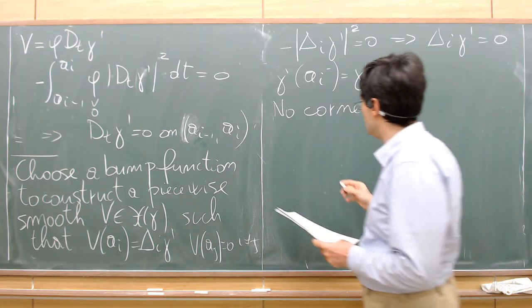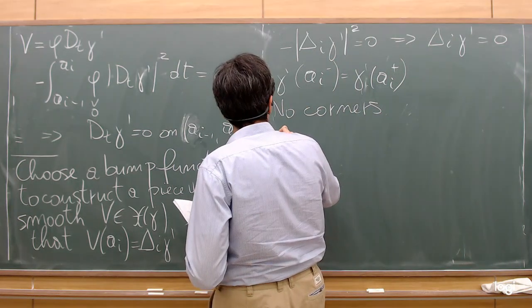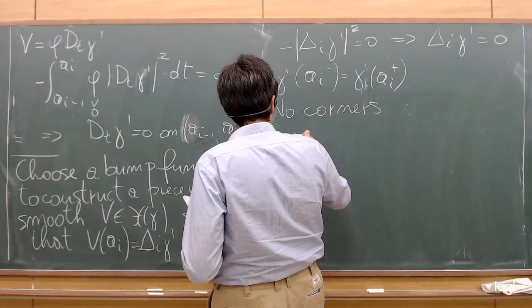And how to prove that we have also smoothness?